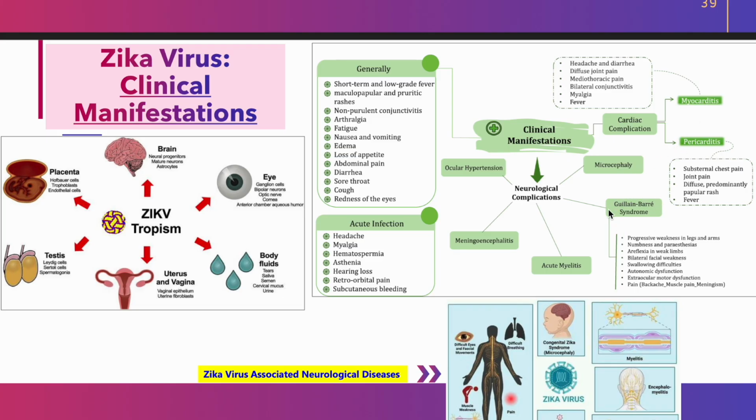And the special one is Guillain-Barré syndrome. This syndrome causes abnormality in the muscle, because this Zika virus can affect the central nervous system. So the muscle is related to the central nervous system as well. So it's related to it.